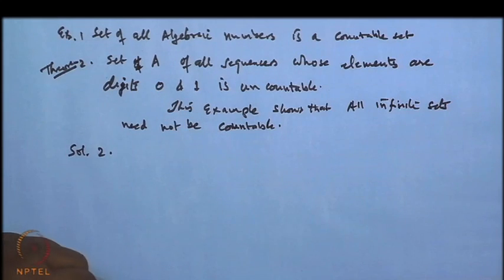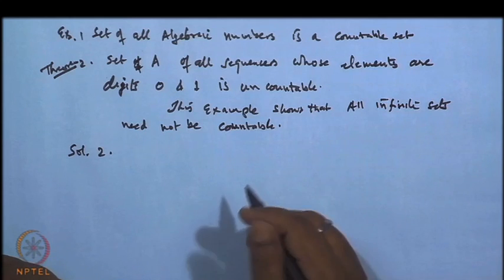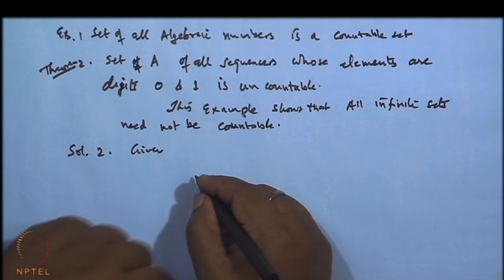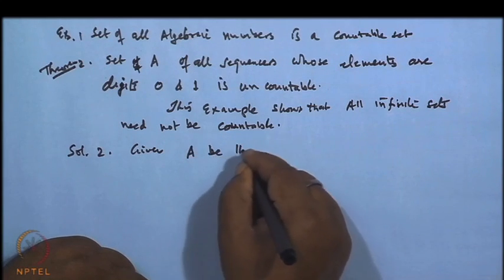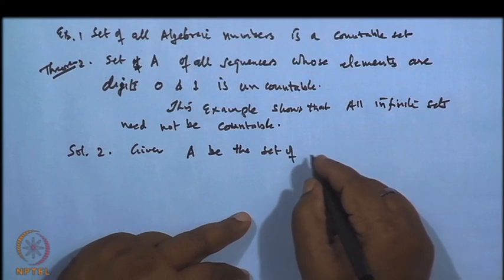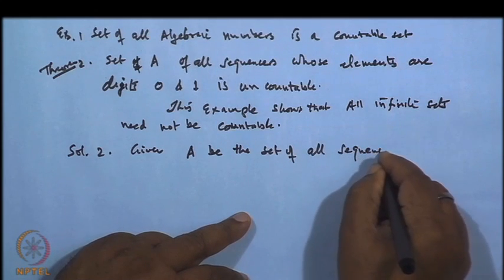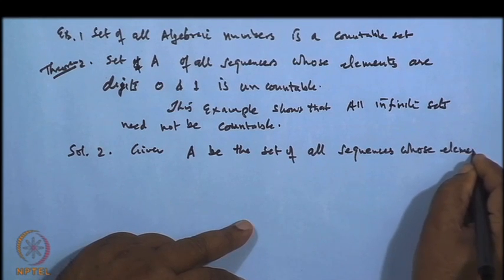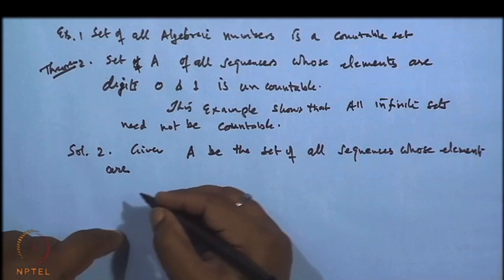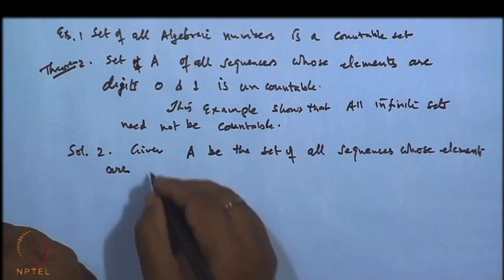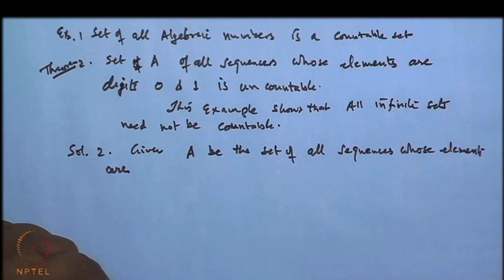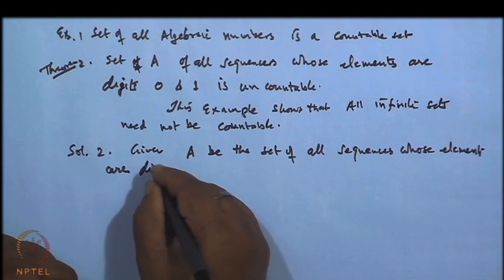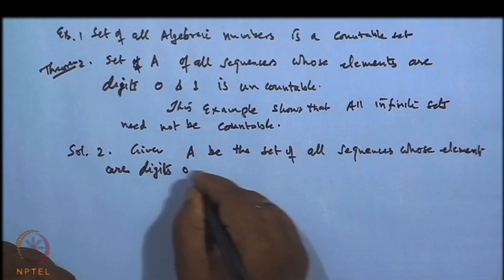Let A be the set of all sequences whose elements are the digits 0 or 1.